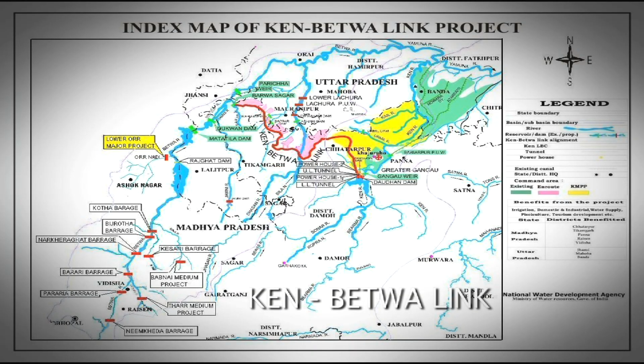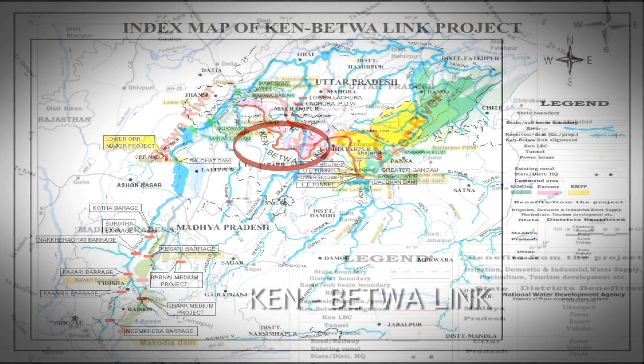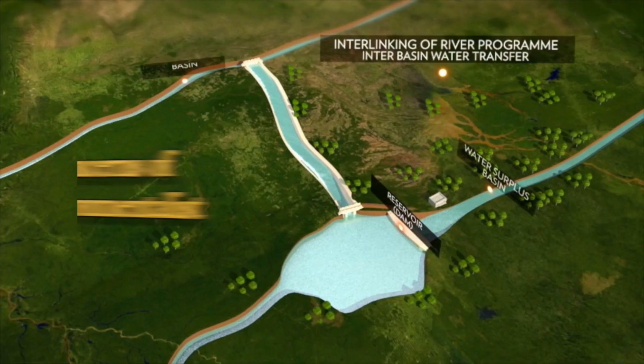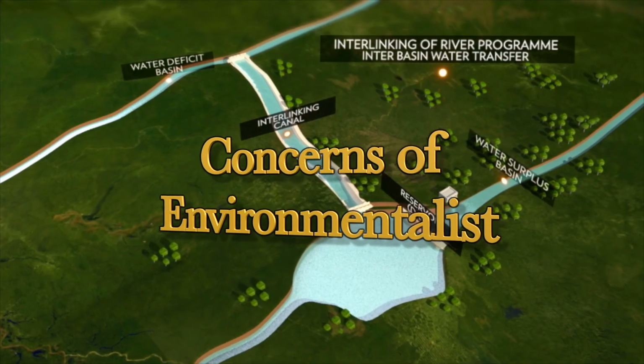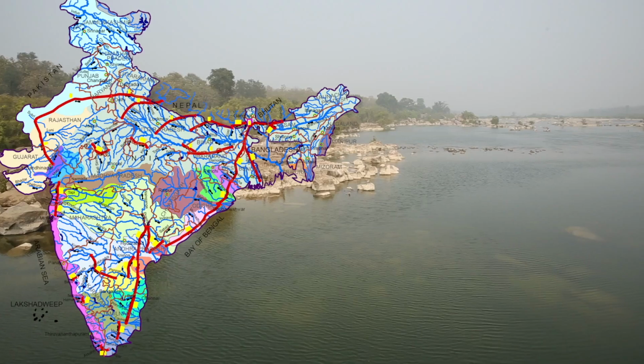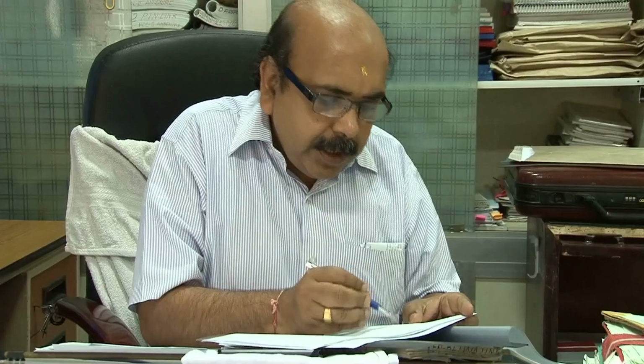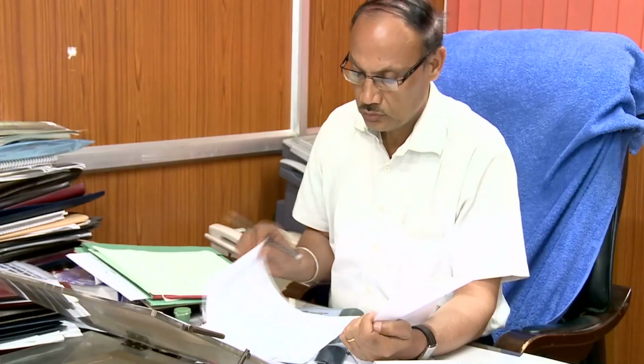And thanks to its constant efforts, the first ILR project, namely Ken-Betwa Link project, is ready to be taken up for construction very soon. A task force for interlinking of rivers has also been constituted under chairmanship of Shri B.N. Nawalawala.